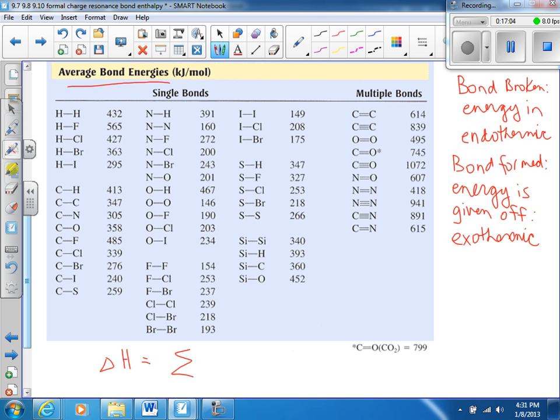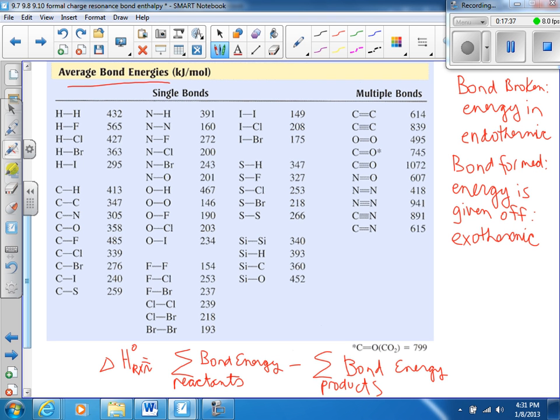Yes, we have to break the reactant bonds. So the positive part here will actually be the reactants. This is the opposite of how we did this in the past. So the heat of reaction will be the sum of the bond energy of the reactants minus the sum of the bond energy of the products.